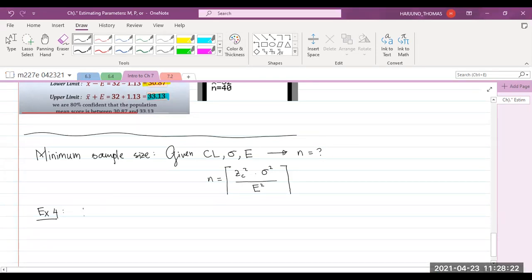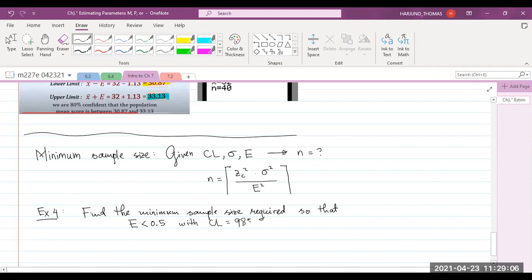For example, find the minimum sample size required so that the error to be less than 0.5 with confidence level, let's say 98%, if the population standard deviation is, let's say, 15.